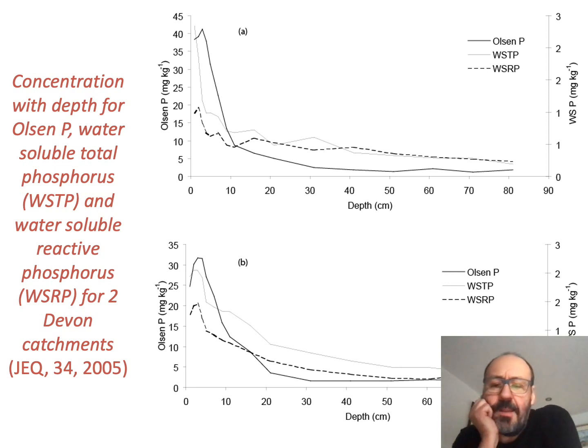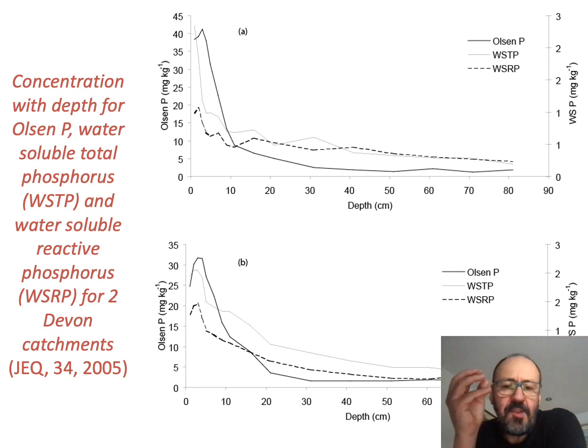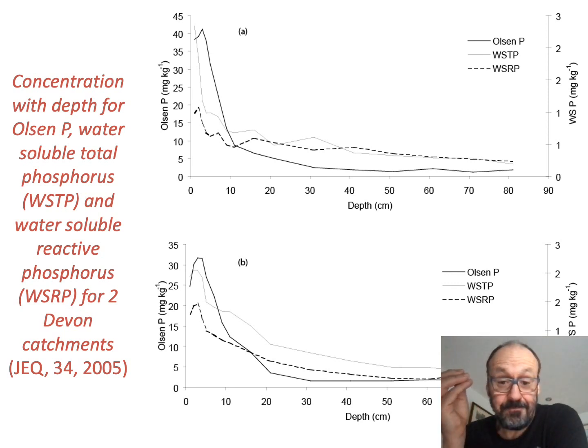So really making the point that there's a lot of P sat at the surface of soils, and just remember that point when we come to talk about the later parts of the lecture, when we're thinking about transfers to water, because that makes it very vulnerable if there's a lot of it close to the surface where we have the runoff going on, and it's called the effective depth of interaction for the runoff.